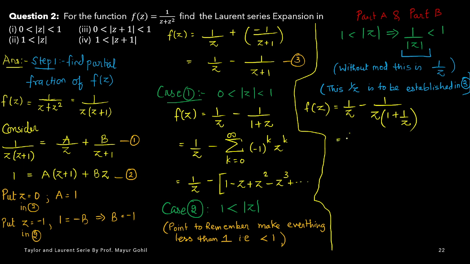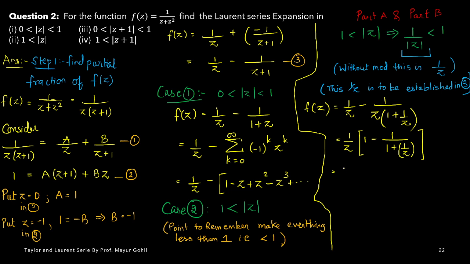I'll take 1 upon z common, and I'll write here 1 minus 1 upon 1 plus 1 by z. Now what do we know about this? 1 upon 1 plus z, we knew the expansion, that was summation, see the case number 1, summation minus 1 to the power k z to the power k. Now instead of z we have 1 upon z, so we just replace it.